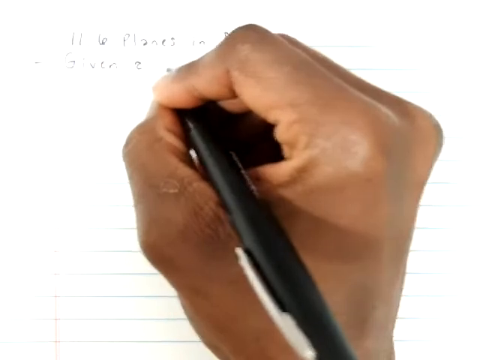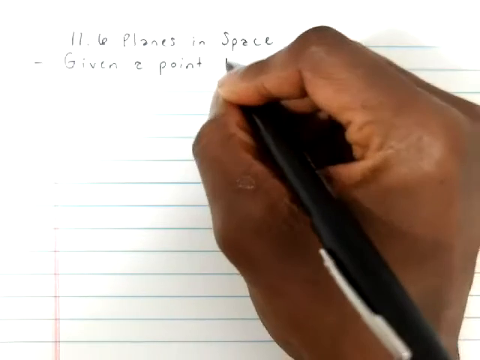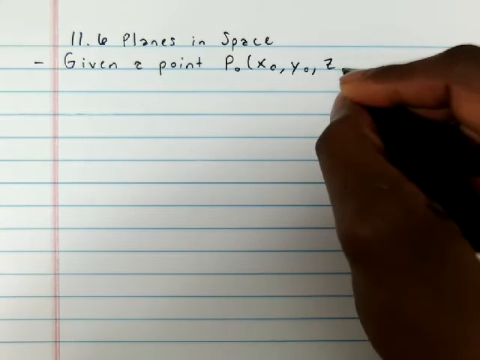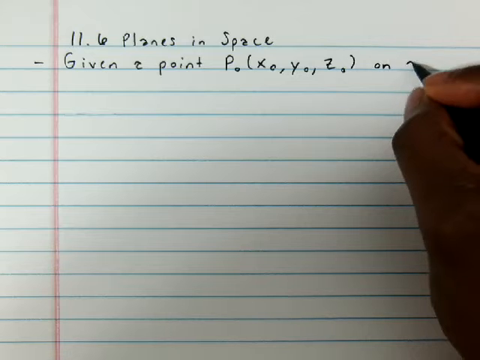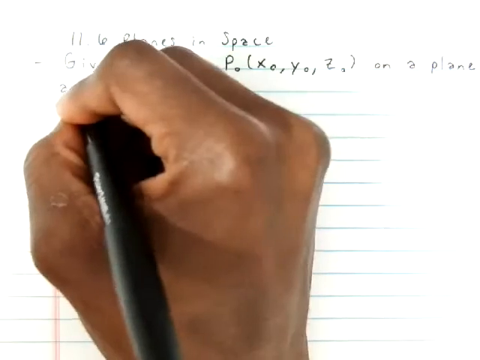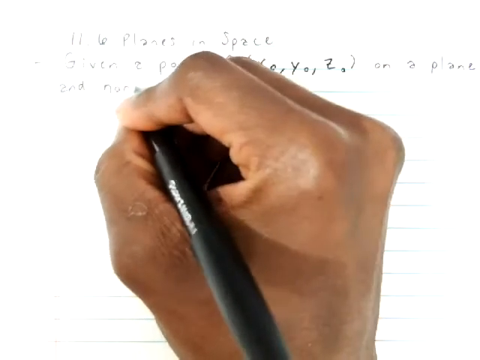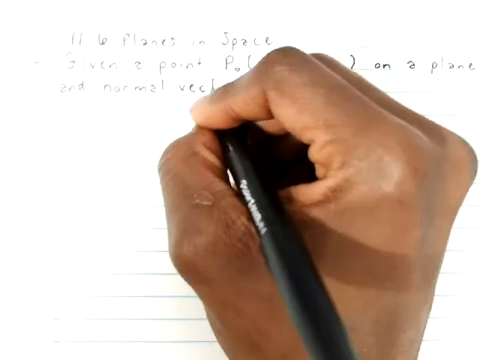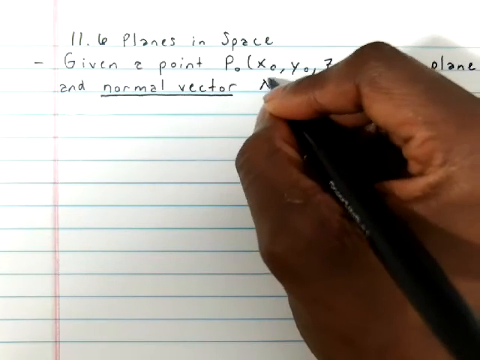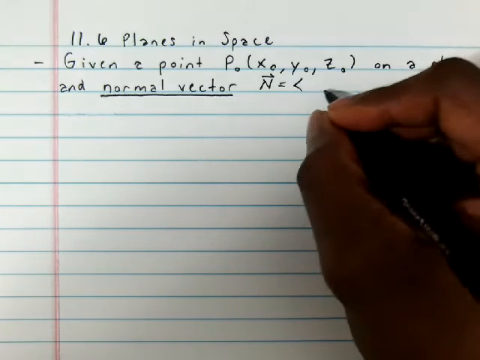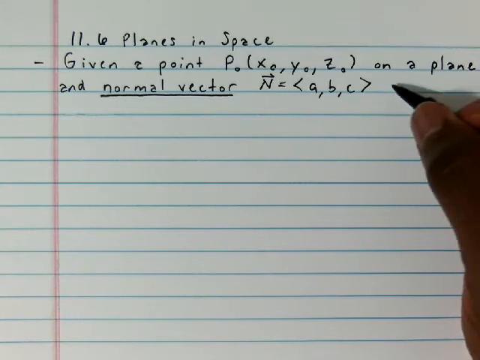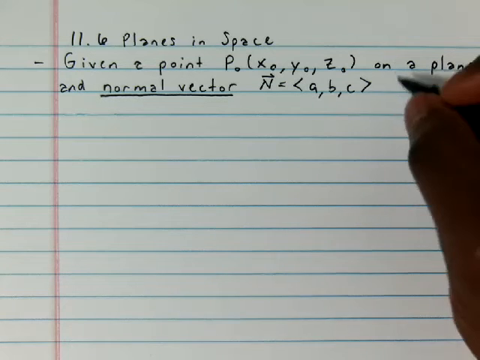So given a point P naught with coordinates x naught, y naught, and z naught, on a plane, and what we'll call a normal vector, which we'll use a capital N to denote, with components A, B, and C. And we're defining this at the same time as I'm introducing it.